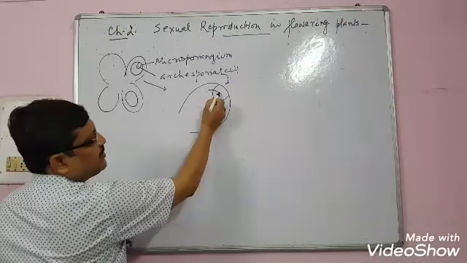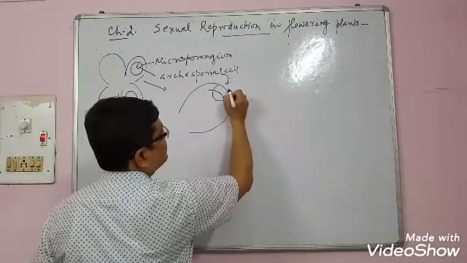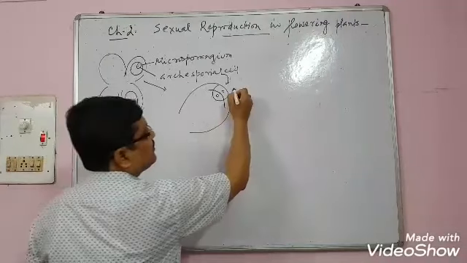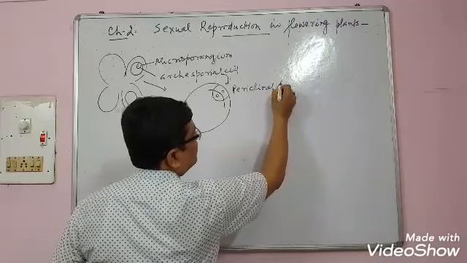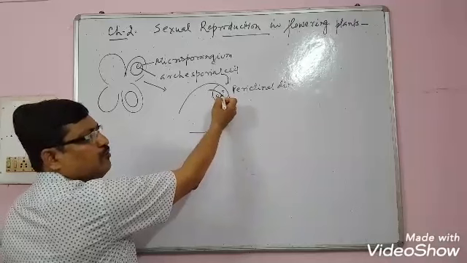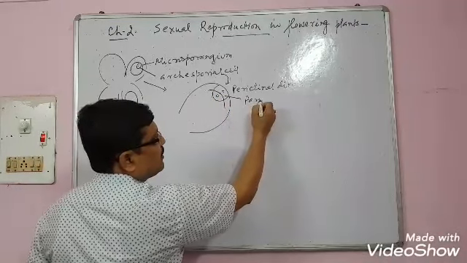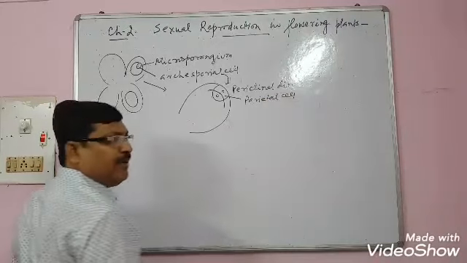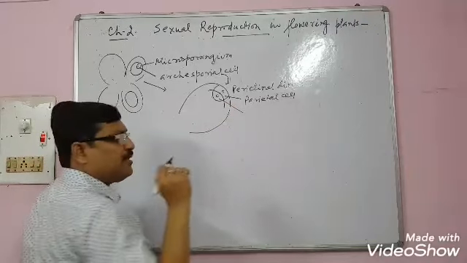This will divide by periclinal division and form 2 cells or 2 nuclei. The upper is called the parietal cell, whereas the lower is called the sporogenous cell.